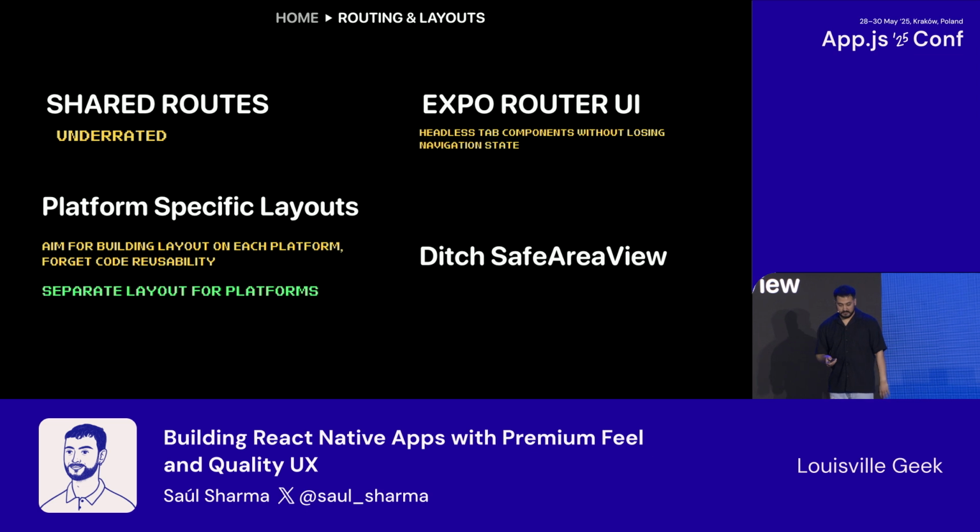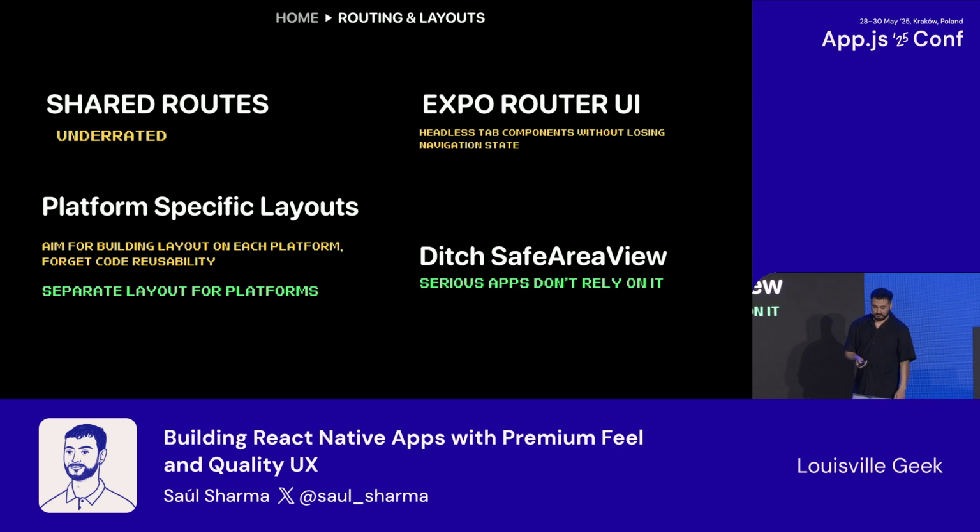So that's one of the problems. I think instead, we should always try to go with inset top and inset bottom. You could do it with margin or padding, whatever works best for you. This way, you can create that immersive feeling and it doesn't feel like a canvas. And I think that is one of our problems as well.